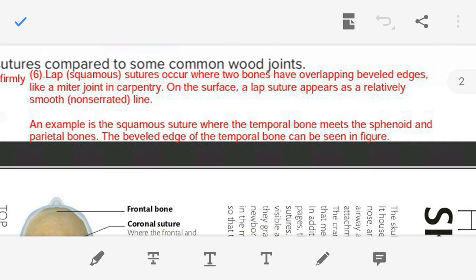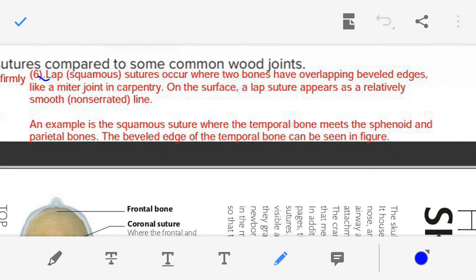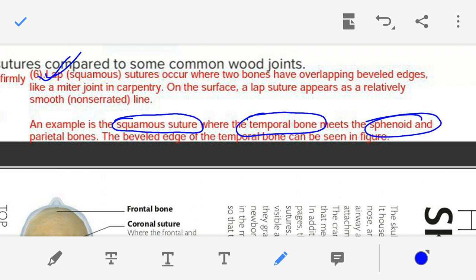Now an example of lap suture is the squamous suture. In the figure I am showing you the squamous suture. Where is this squamous suture present? Where the temporal bone meets the sphenoid and parietal bones.